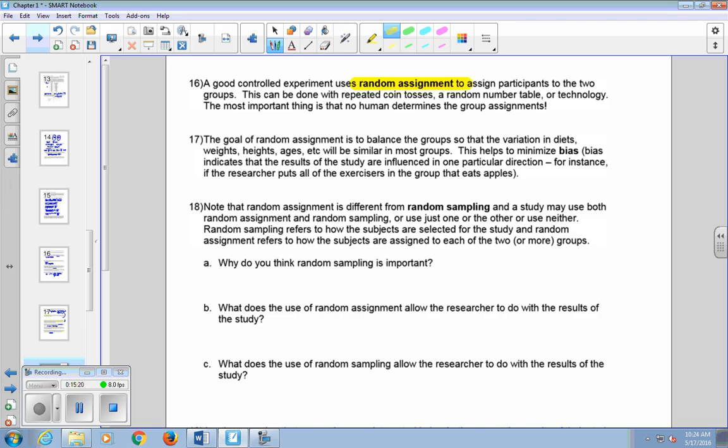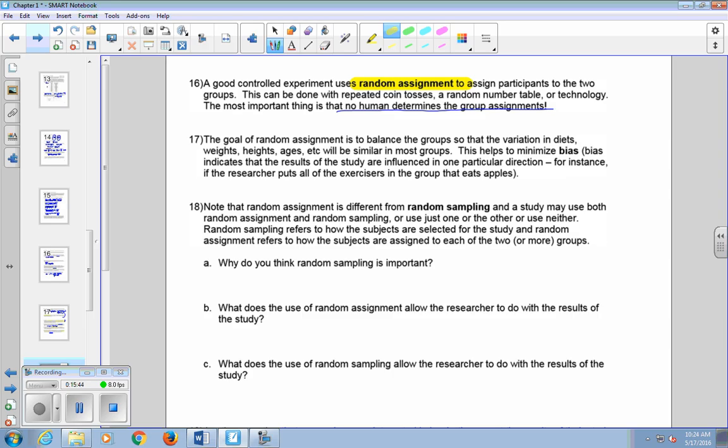Random assignment is talking about the people who are in the study being assigned to one of two groups to either receive the treatment or not receive the treatment. And this can be done in many ways using coins, a random number table, or technology. The most important thing is that no human determines the group assignments. Humans are not good at random assignment.